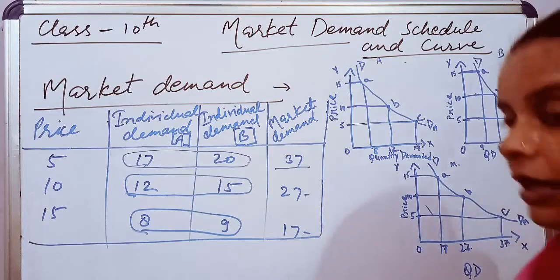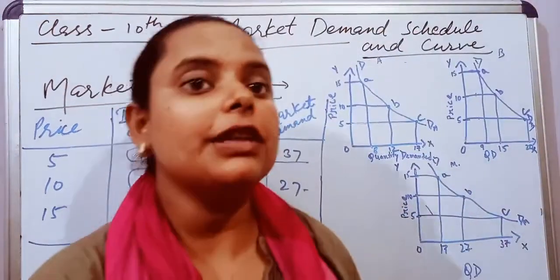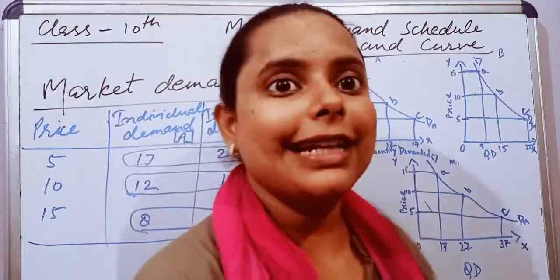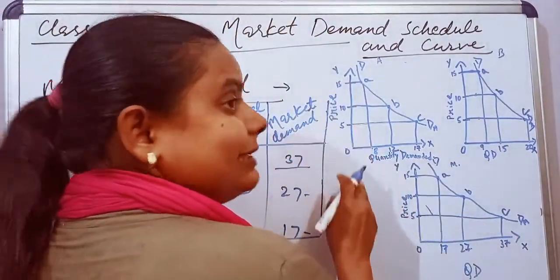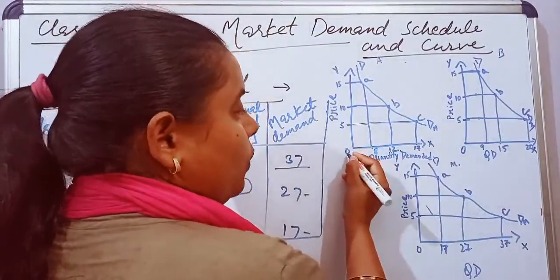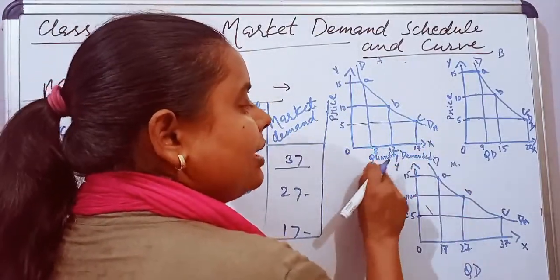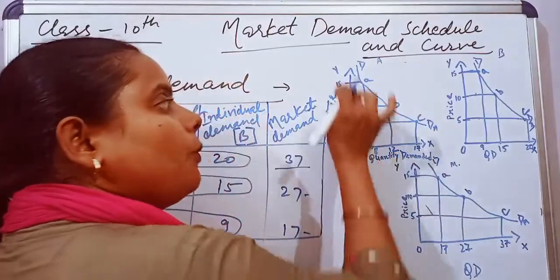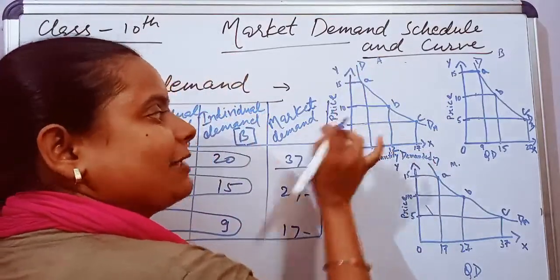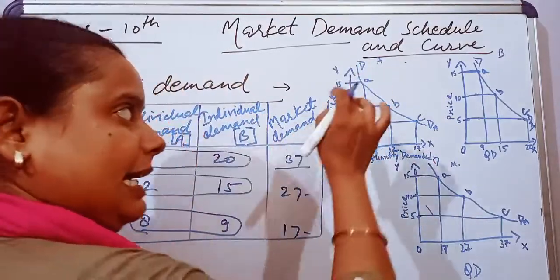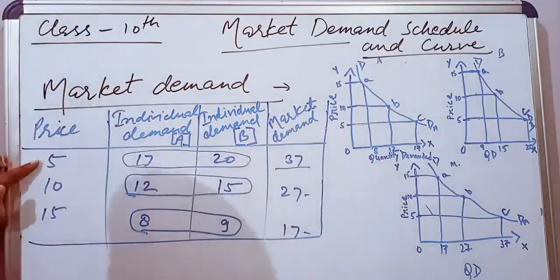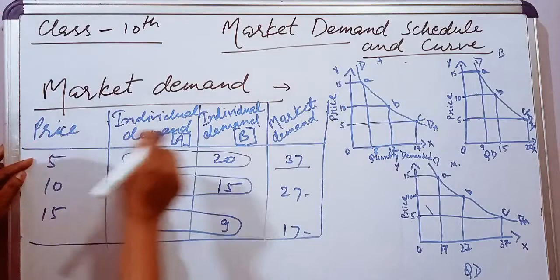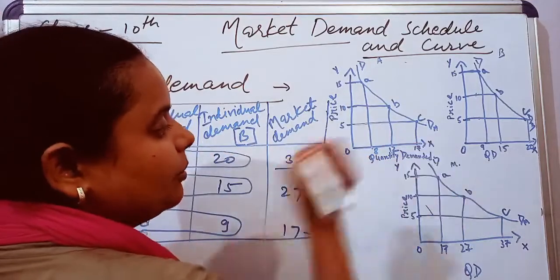Now see, you have to write the explanation of the diagram. How will you write it? You will start from here. In this diagram, OX axis shows the quantity demanded and OY axis shows the price. In case of individual demand of A, when the price is rupees 5, A is demanding 17 units of the commodity.